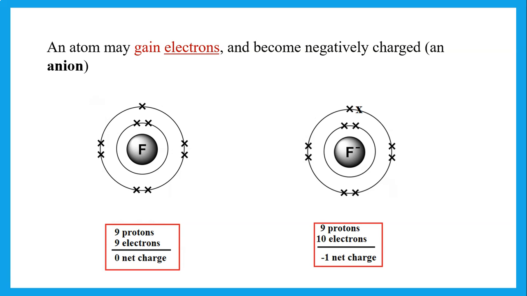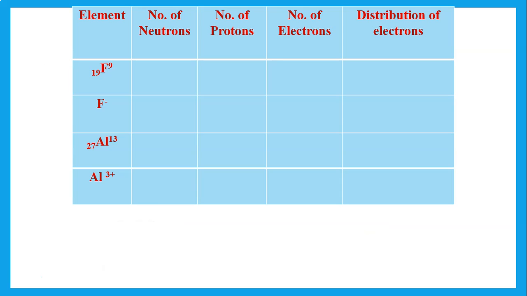That means the number of protons is 9, but now the number of electrons is 10. So I have 1 extra electron which is negatively charged. That means the fluorine has an extra negative charge. It becomes a negatively charged ion, which we refer to as an anion.